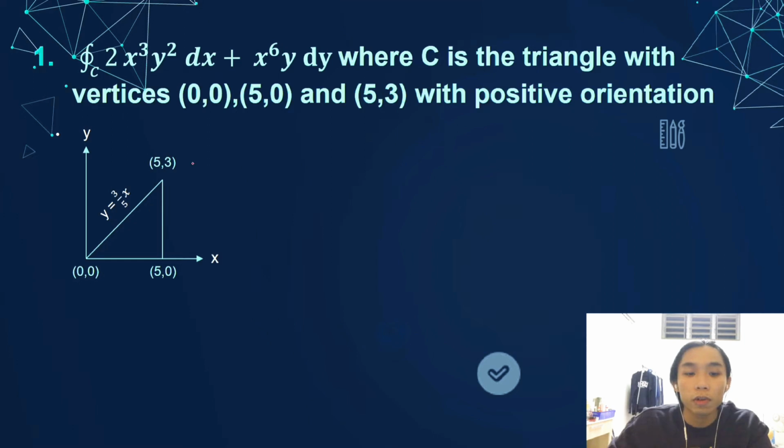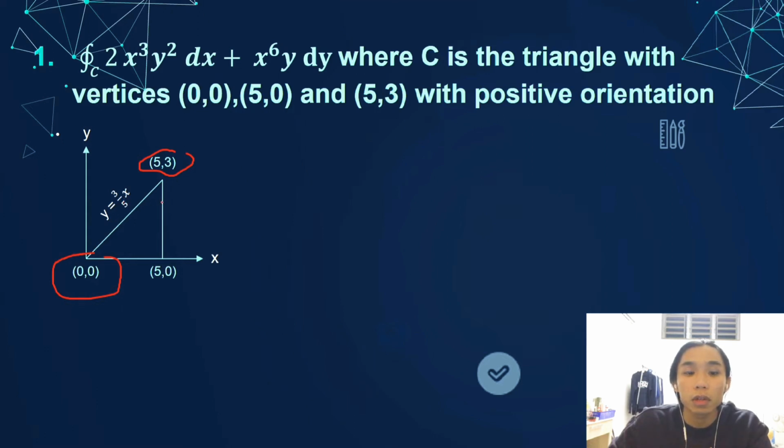For (5,3) and (0,0), we must calculate the gradient and y-intercept. We will use these two points, (5,3) and (0,0), and we will get the gradient equal to 3 over 5.